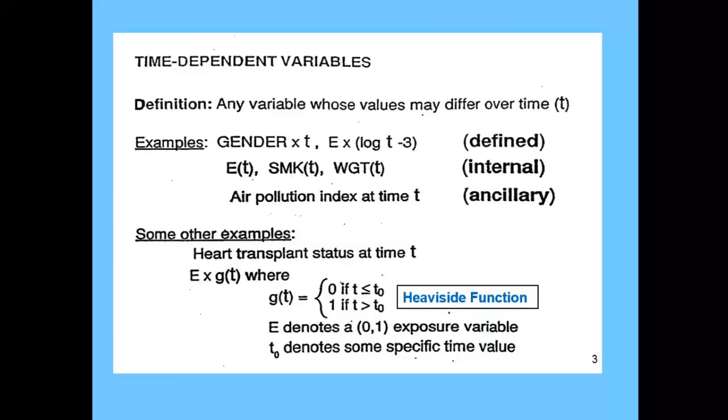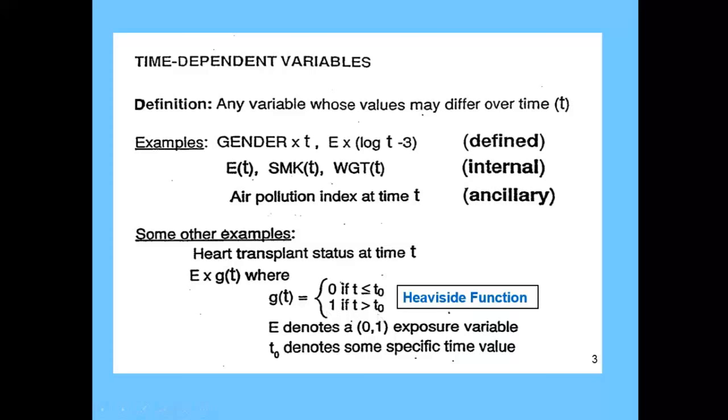Now, there's another kind of time-dependent variable that is often used when you're dealing with variables that don't satisfy the proportional hazard assumption. This is a variable E times g of t, where g of t is a very specific function of time. g of t takes on the value 0 if t is less than or equal to some value t sub 0, and equal to 1 if t is greater than t sub 0.